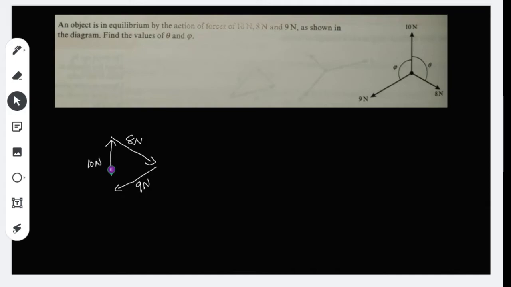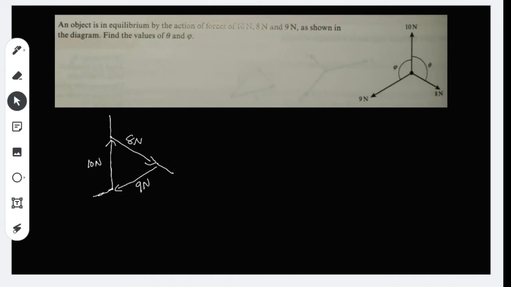Now we're going to extend the one with the arrow. Okay, we can extend it going that way, and then we can also extend this one going that way, and this one actually is going here, but let's check if there are some angles there.